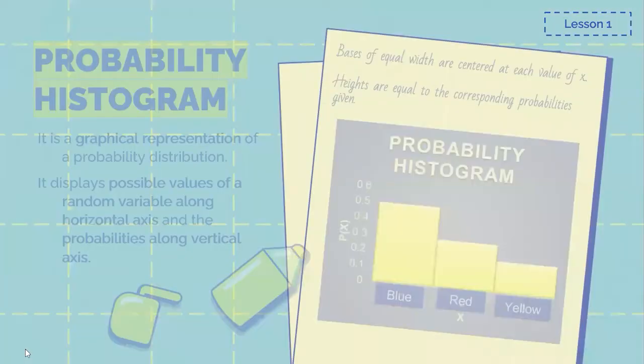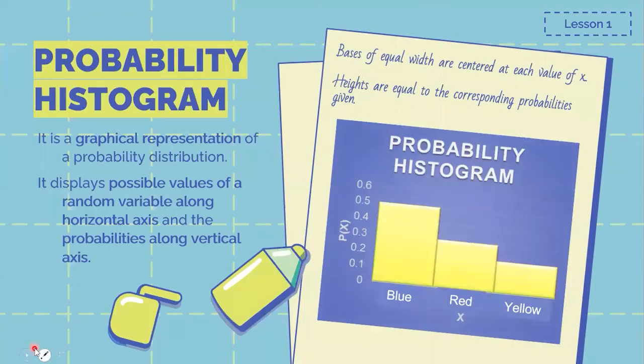Let's move on to the next way of presenting the random variable, that is through a probability histogram. A probability histogram is a graphical representation of a probability distribution. As you can see here, it displays possible values of a random variable along the horizontal axis or x-axis, and the probabilities along the vertical axis.